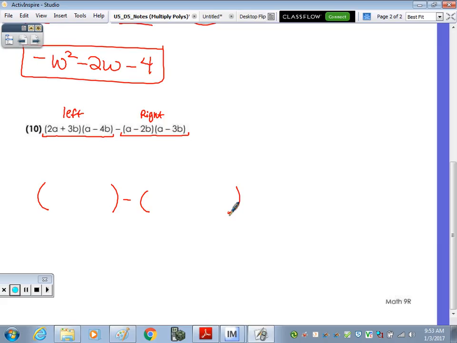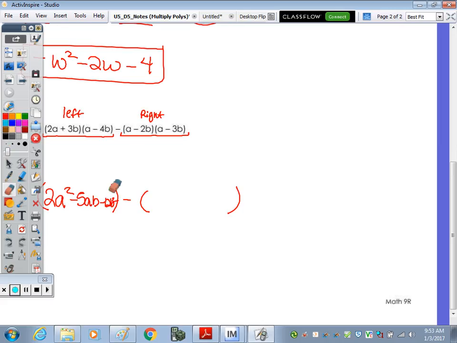Olivia, do you have the answer for 10, the left side? 2a squared minus 5ab minus 12b squared. Yes. So the left side, you guys should have gotten 2a squared minus 5ab minus 12b squared. Now what about the right side?